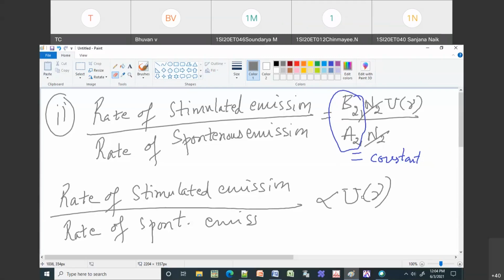U of nu is nothing but the energy density. What is the meaning of that? If you give a higher value of u of nu, then you will have more stimulated emission. If you give a lower value of u of nu, what happens? Your stimulated emission will be less. So that is the meaning of this.